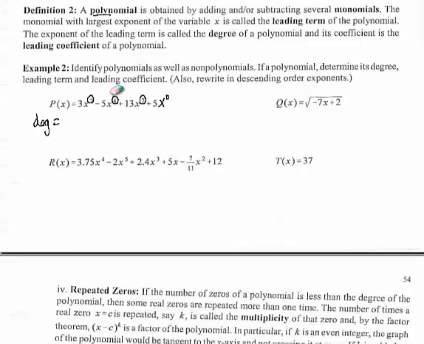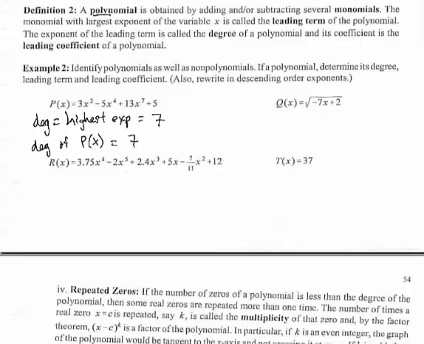And all the exponents are positive and integers. So what is the highest exponent? That's our degree. Highest exponent, well, that would be the 7. So the degree of p of x, just to say the same thing another way, is 7.